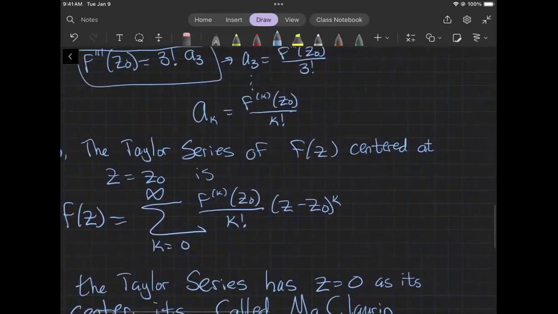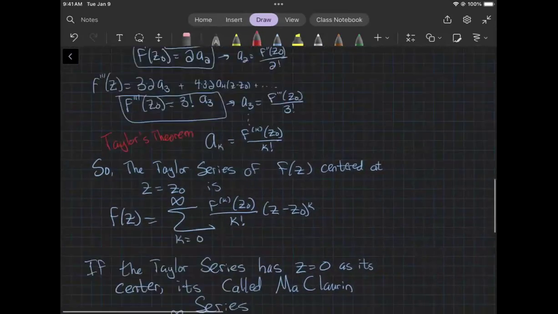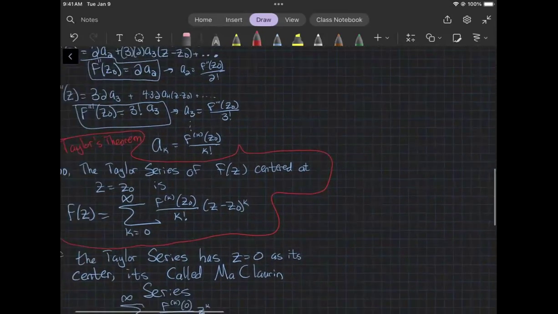And so this is part of what is called Taylor's theorem. So this part right here is part of what's called Taylor's theorem.